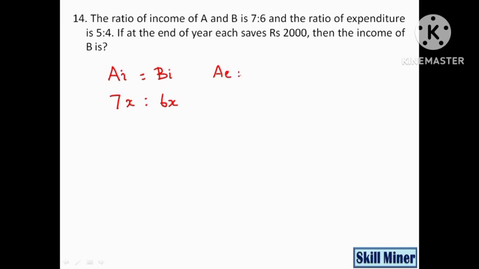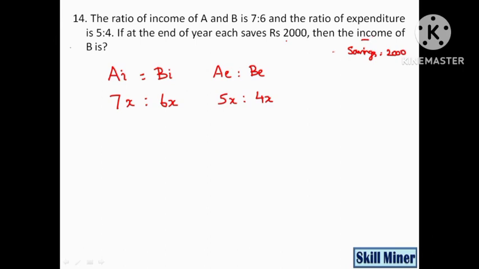The ratio of A's expenditure and B's expenditure will be 5 is to 4. I am writing it as 5x and 4x. At the end of the year, each saves rupees 2000. So savings will be 2000 rupees for each.